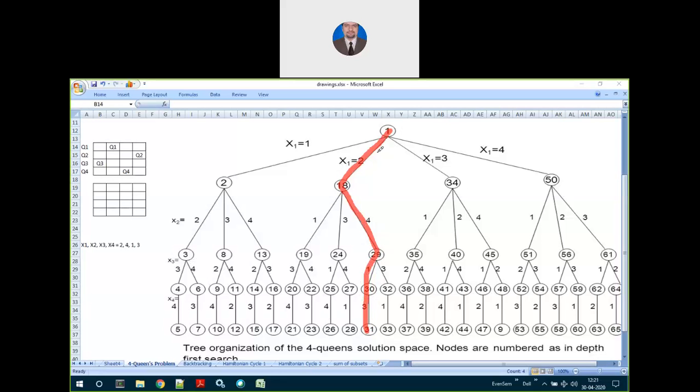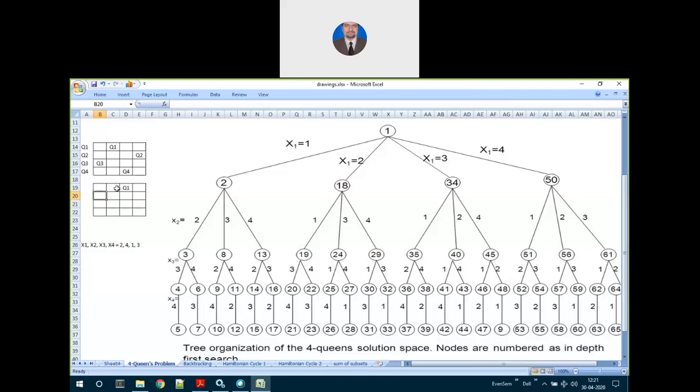Okay, like this way we have to keep on continuing in this manner and find out whether there are any other solutions. If we proceed further, we will definitely get one more solution which will be exactly the mirror image of this one. Mirror image of this one means I will try to show you in the table over here. Mirror image means Q1 is on the second column, so in the other solution Q1 will be placed on the third column.